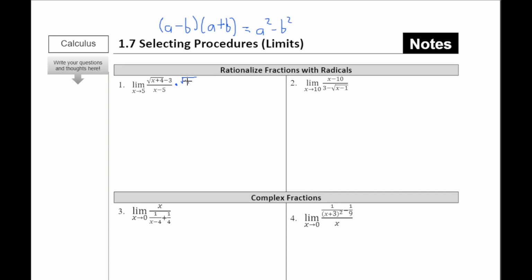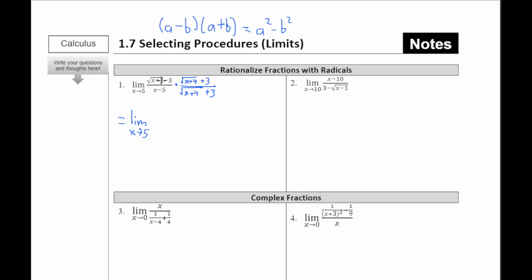Square root of x plus 4 plus 3, over the same thing, square root of x plus 4 plus 3. So what happens on the next line is, if you rewrite this, limit as x approaches 5, it's a minus b times a plus b.